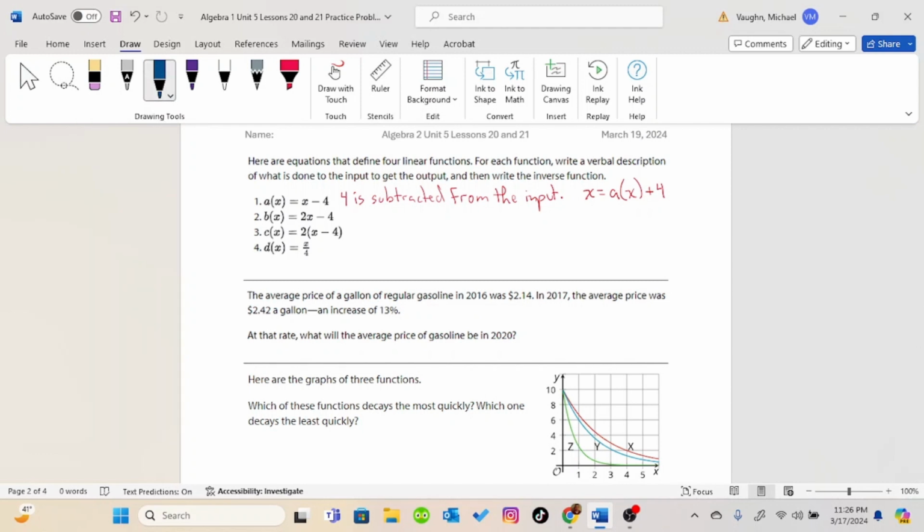In number 2, the input is multiplied by 2, then 4 is subtracted.